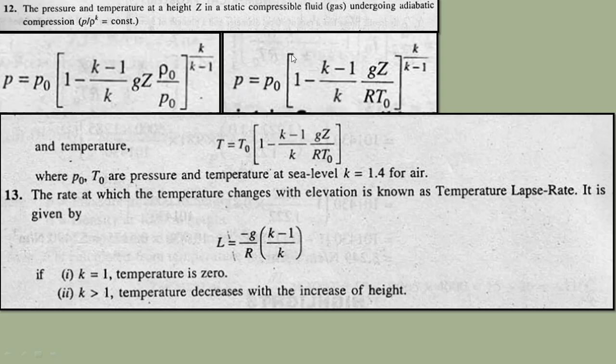That is, P is equal to P0 [1 minus (k minus 1) divided by k into g Z divided by R T0] raised to k divided by (k minus 1), and temperature T is equal to T0 [1 minus (k minus 1) divided by k into g Z divided by R T0], where P0 and T0 are the pressure and temperature at sea level.